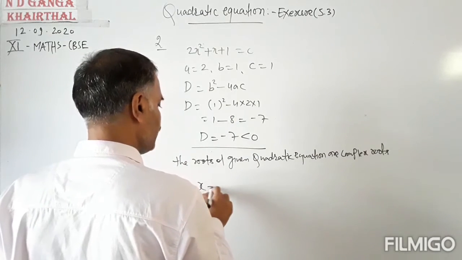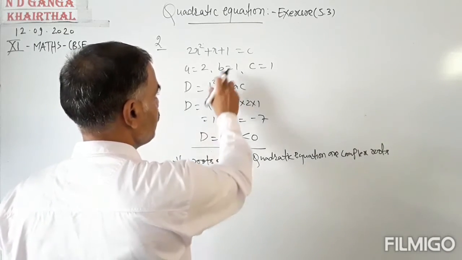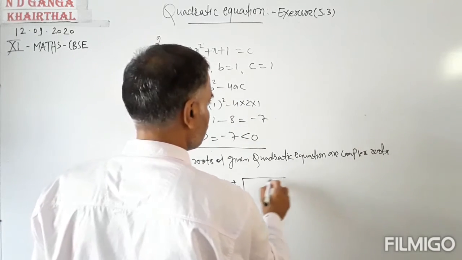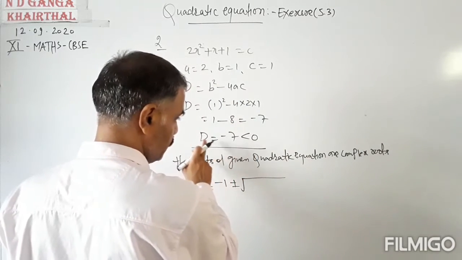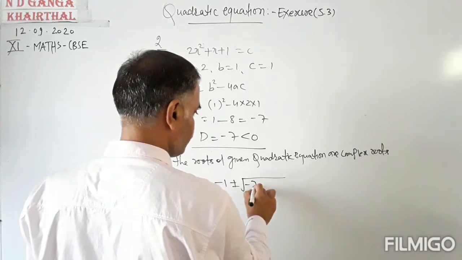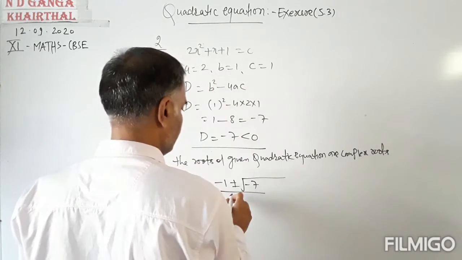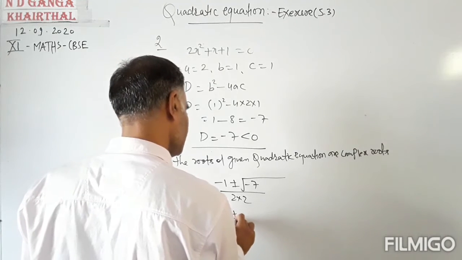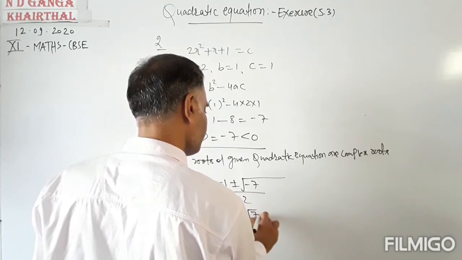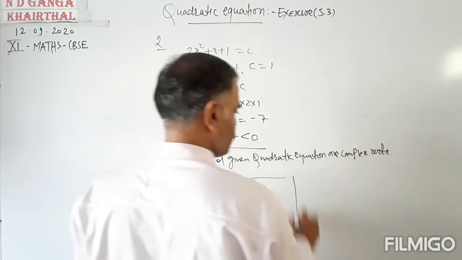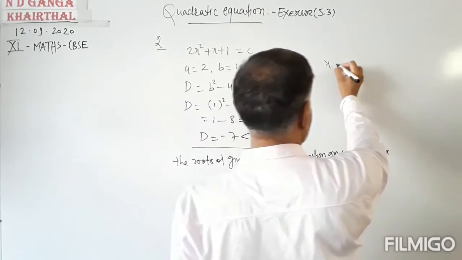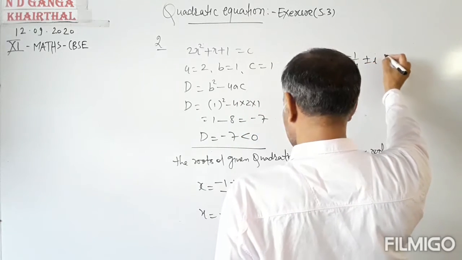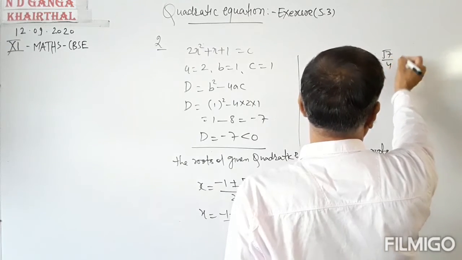So roots are x equals to minus b plus or minus under root d, that is minus 7, upon 2a, that is 2 into 2. So x is equal to minus 1 plus or minus iota under root 7 upon 4, that is x is equal to minus 1 upon 4 plus or minus iota under root 7 upon 4.